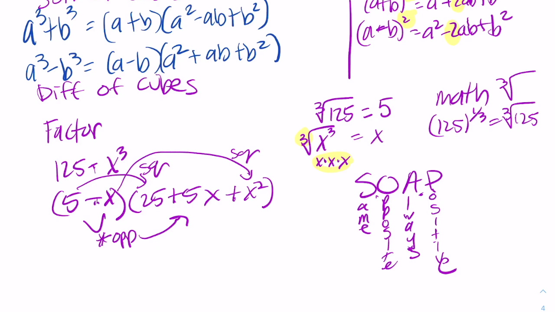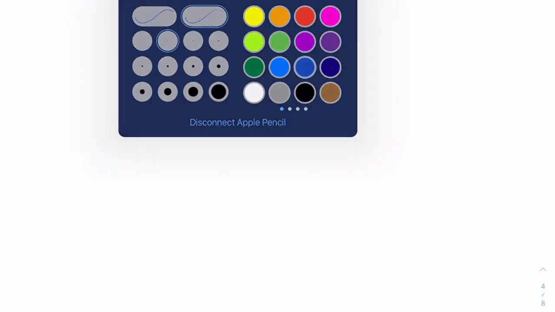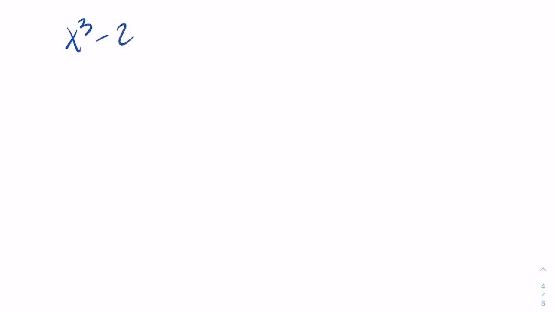So if we try another example, if I give you x cubed minus 27. Okay. So if we try x cubed minus 27, x cubed is a perfect cube. If we look at the cube root of 27, that's 3. So this is a difference of cubes. So I do x and 3.